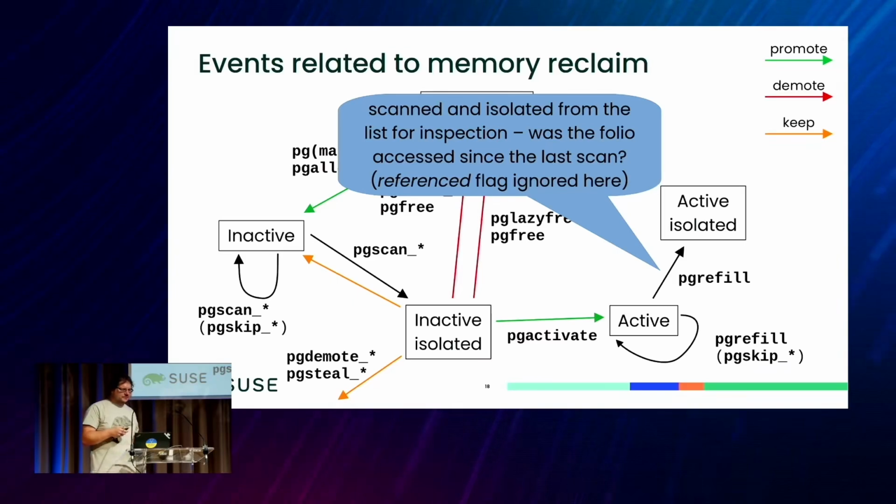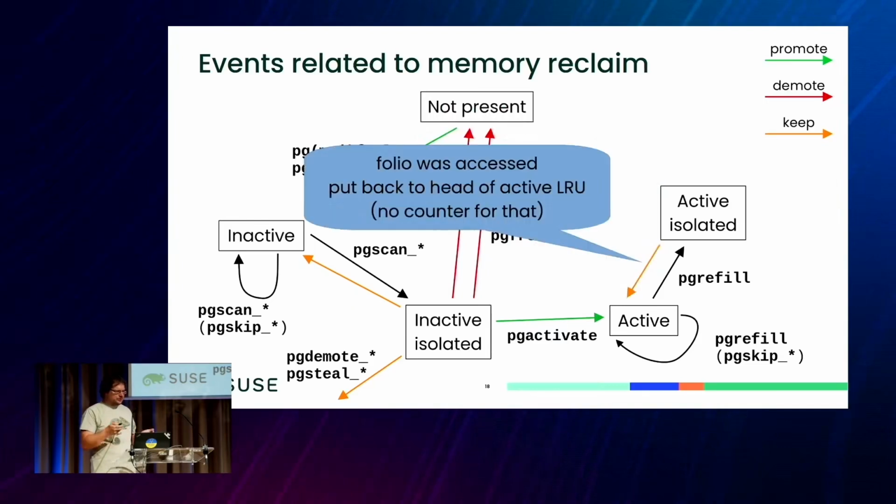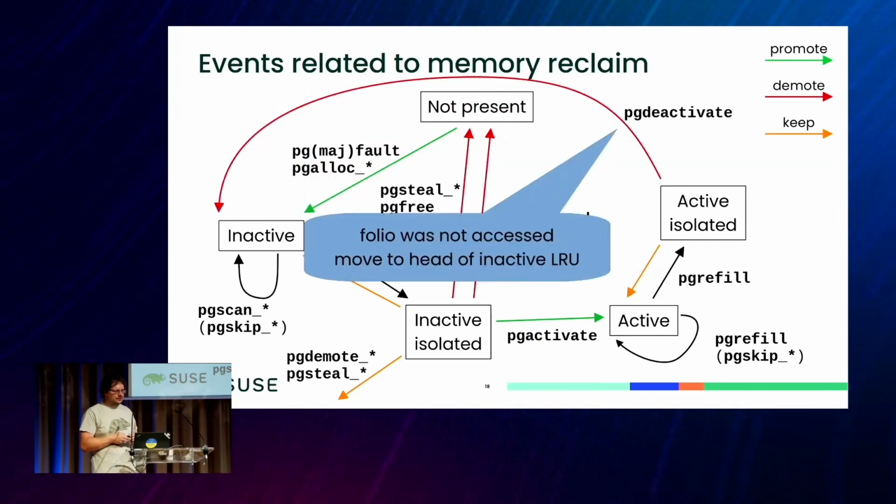And again, we check whether the folio was accessed in the last scan, and the reference flag doesn't matter here anymore. That's only for the inactive list. And if it was accessed, we put it back. There's no counter for that. If it wasn't, we put it on the inactive list, and there's pgdeactivate for that.